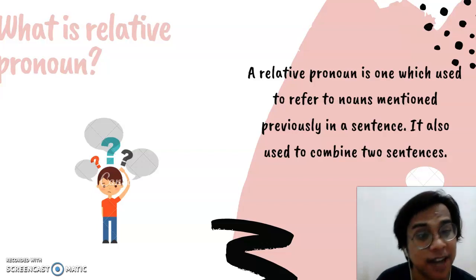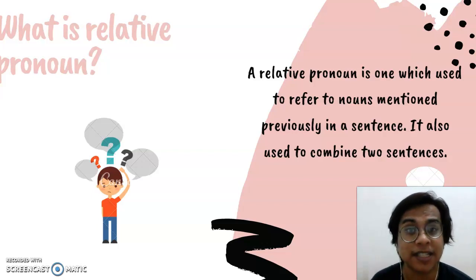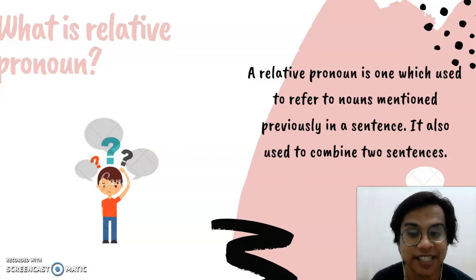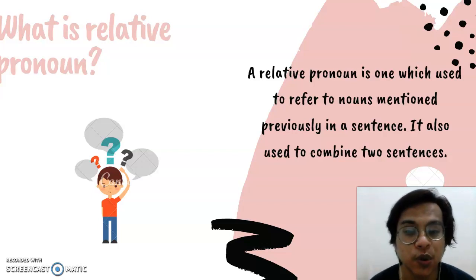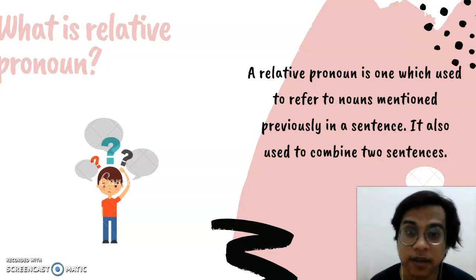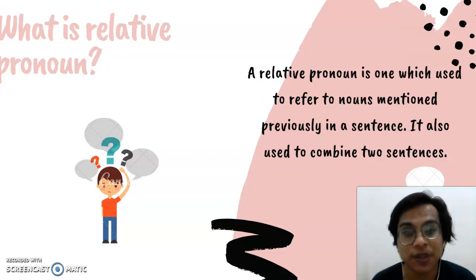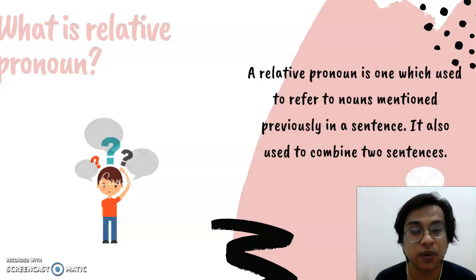What is a relative pronoun? A relative pronoun is one which is used to refer to nouns mentioned previously in a sentence. It is also used to combine two sentences. So, when we create a sentence and use a relative pronoun, we have to put the relative pronoun after a noun.